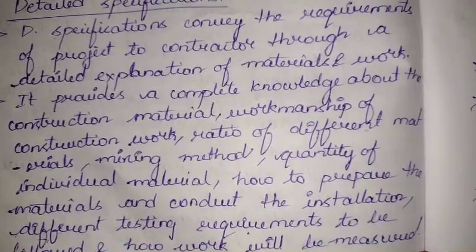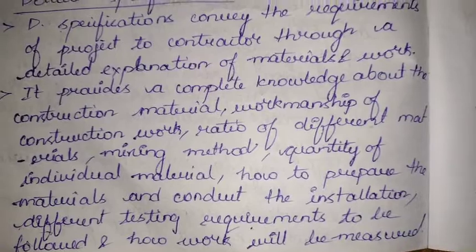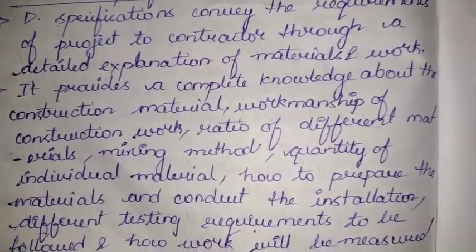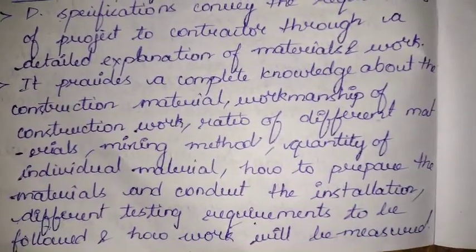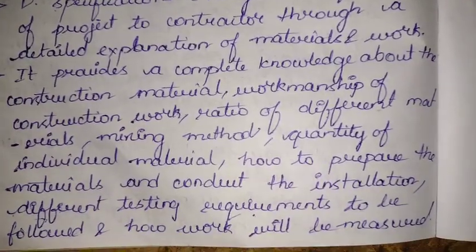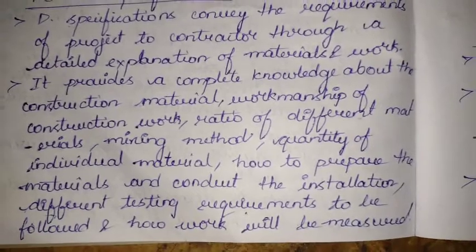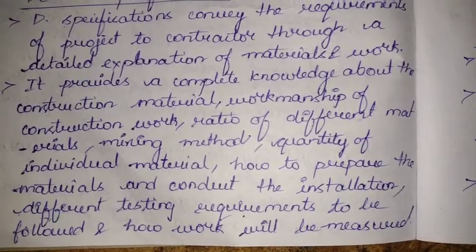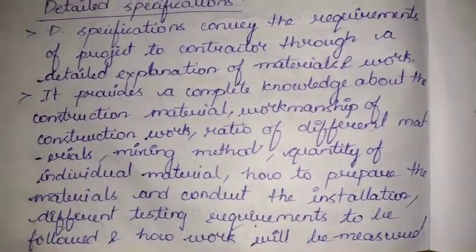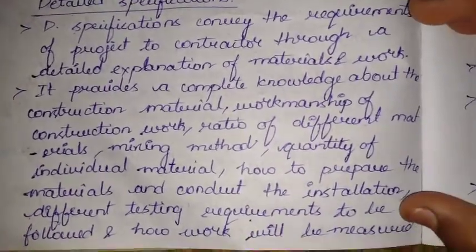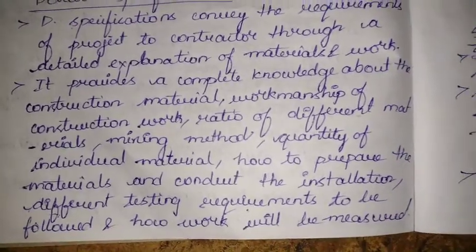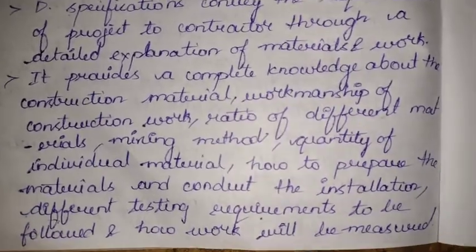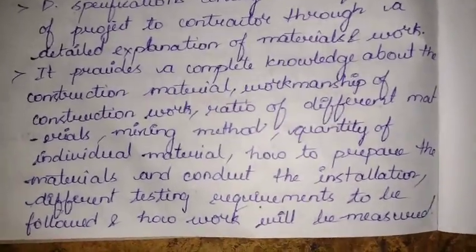It provides complete knowledge about the construction material, workmanship, ratio of different materials, mixing method, quantity of individual material, how to prepare the materials and conduct the installation, different testing requirements to be followed, and how the work will be measured. This explains how the material is procured, the batching, the mixing, what quantities are required, and how to prepare the materials.